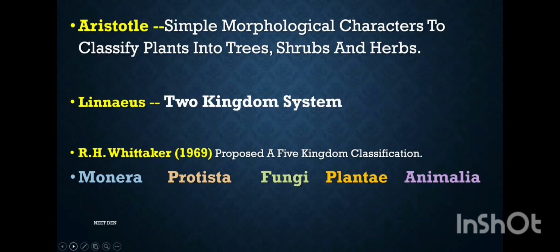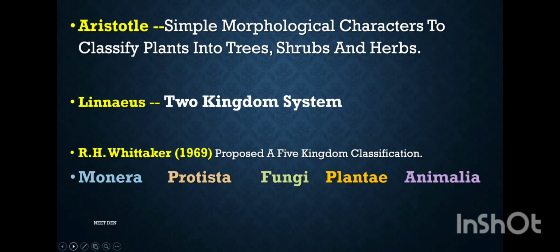To begin with, Aristotle made the most scientific classification on the basis of simple morphological characteristics of the plants, and he classified plants into trees, shrubs, and herbs.